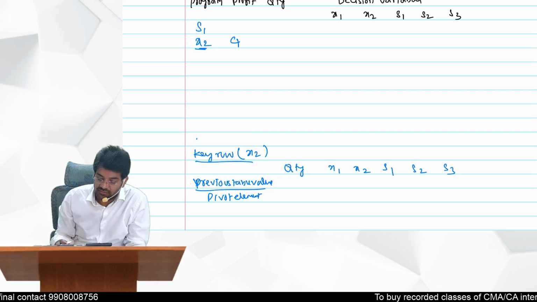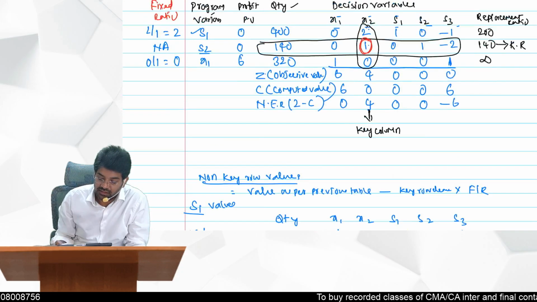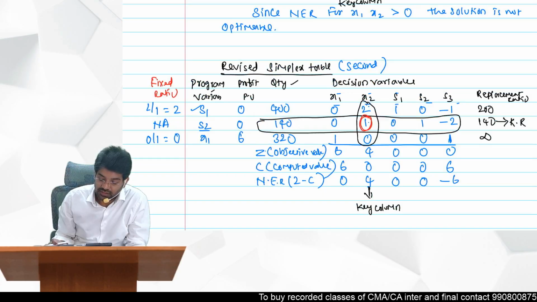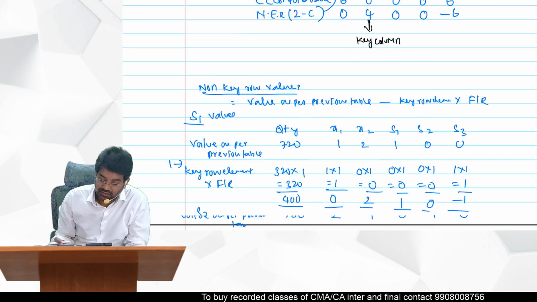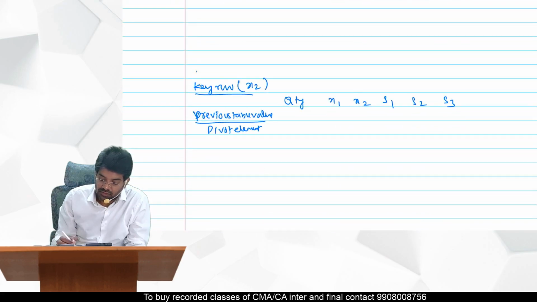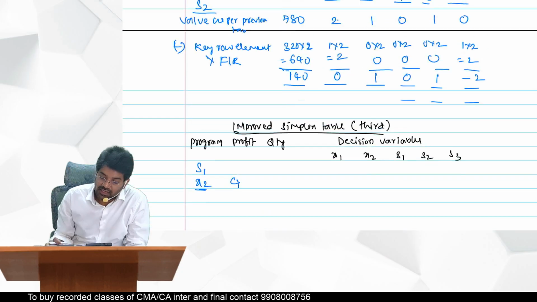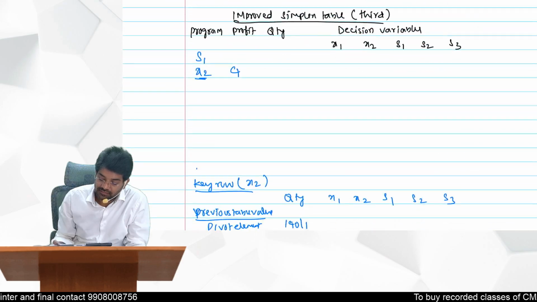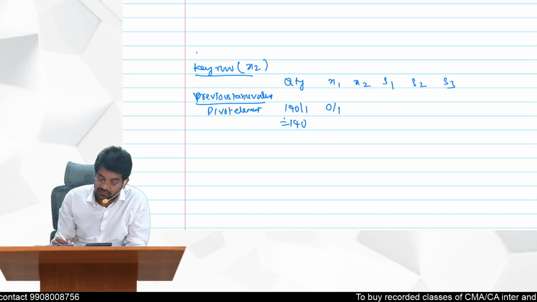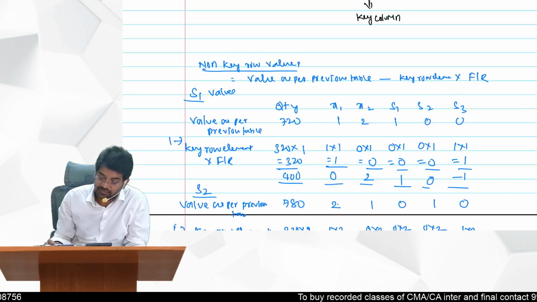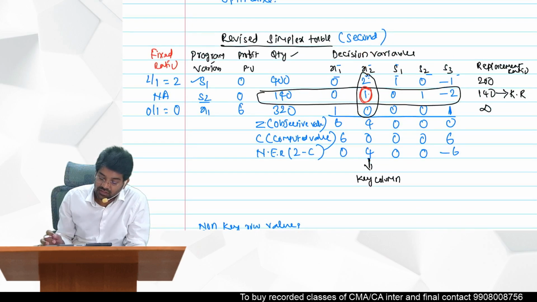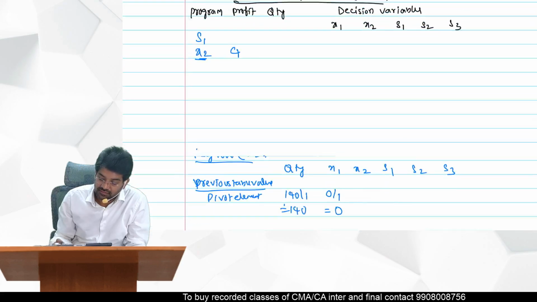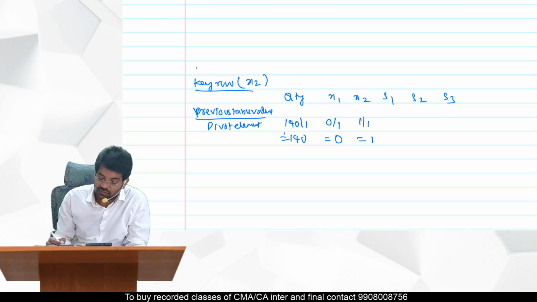The previous table value for quantity is 140, so 140 divided by 1 is 140. x1 is 0 by 1, which is 0. x2 is 1 divided by 1, which is 1.